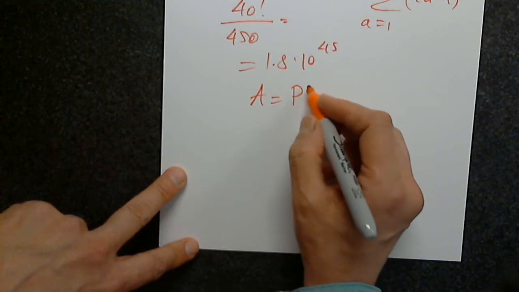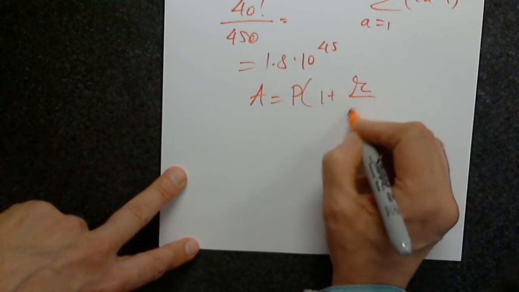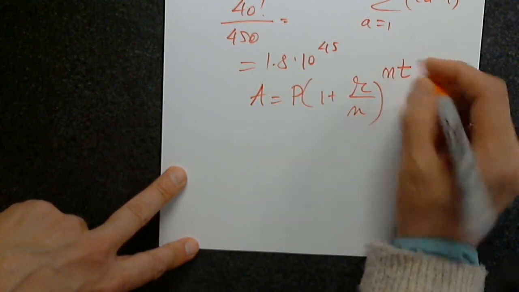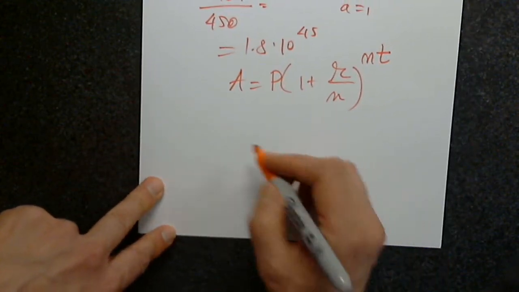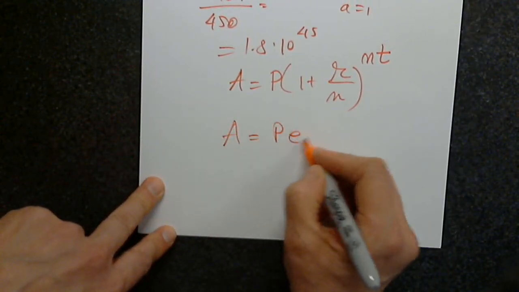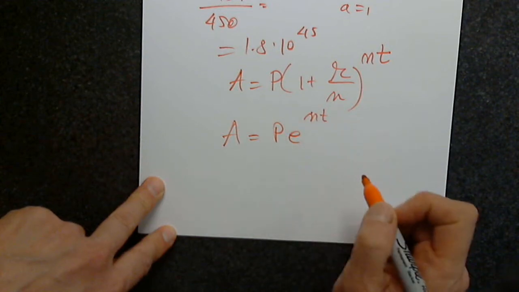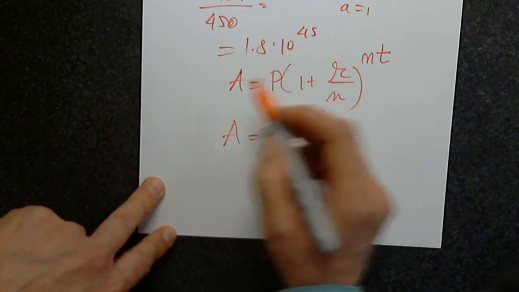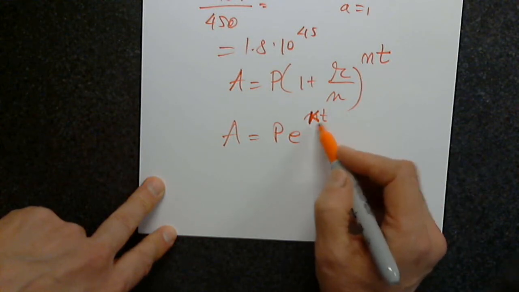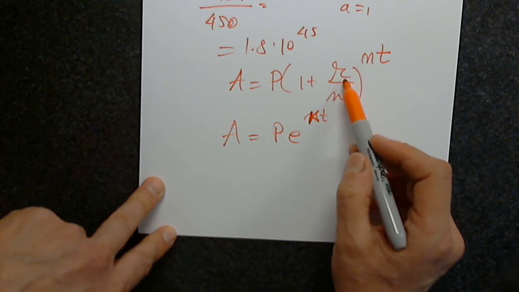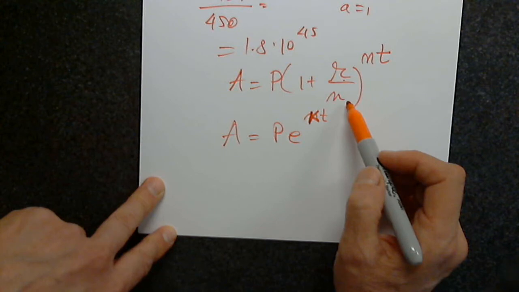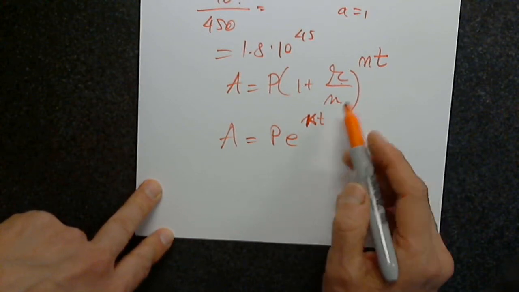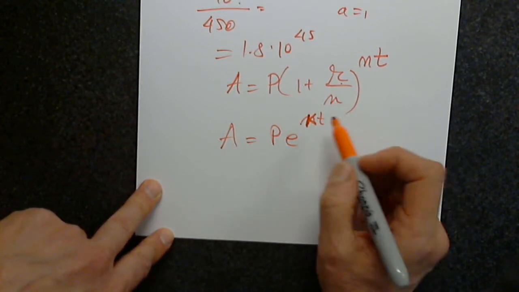So A equals P times 1 plus r over n, raised to n times t. And the other one is P e to the rt. Yes, k or r, the same thing. They're all the same.